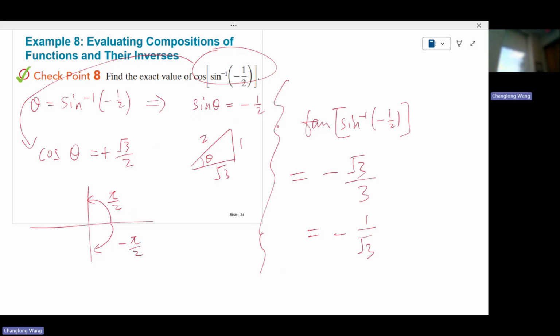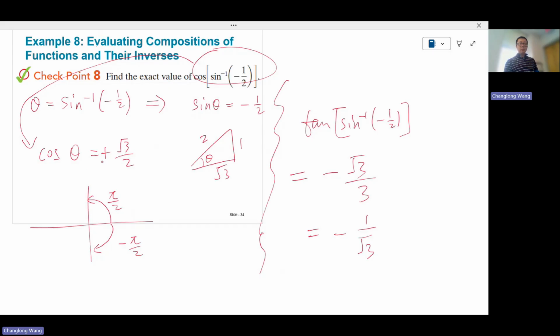The way you can still work around this kind of negative ratio is to pretend you don't see that negative sign and still do what you had to do, right? By drawing the right triangle, labeling the sides, and figuring out the problem, cosine of the angle theta must be, from this right triangle, radical 3/2, right?